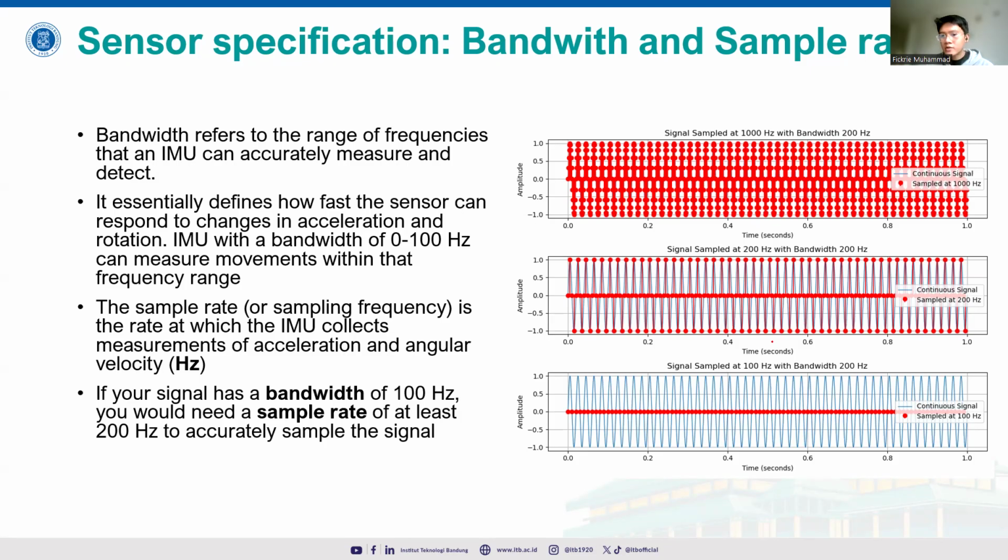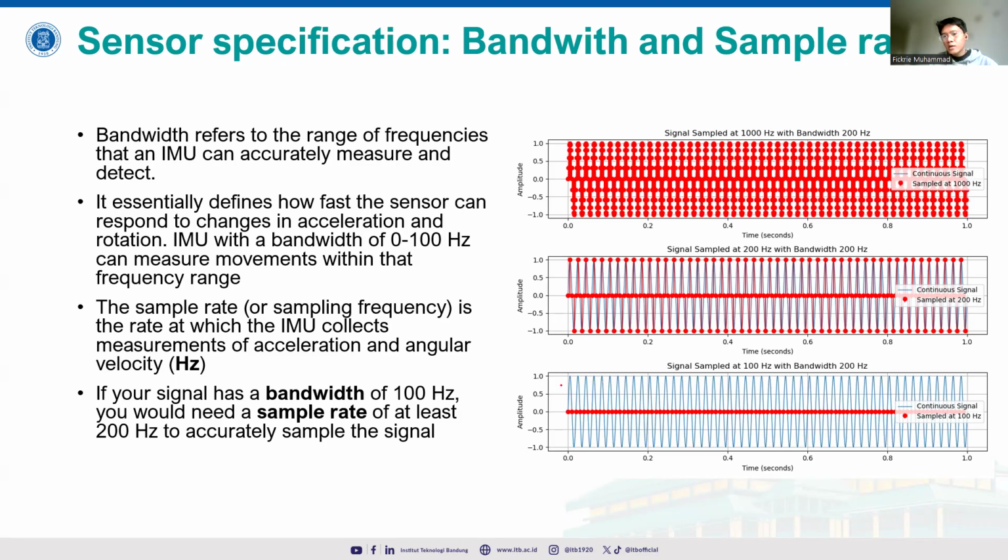In comparison, for example, if we have a larger bandwidth than the sample rate, so a bandwidth of 200 hertz, for example, and we only have a sample rate of 100 hertz, meaning that we can only sample every 100 hertz of data, of course there is a loss of signal that is not considered by the IMU.